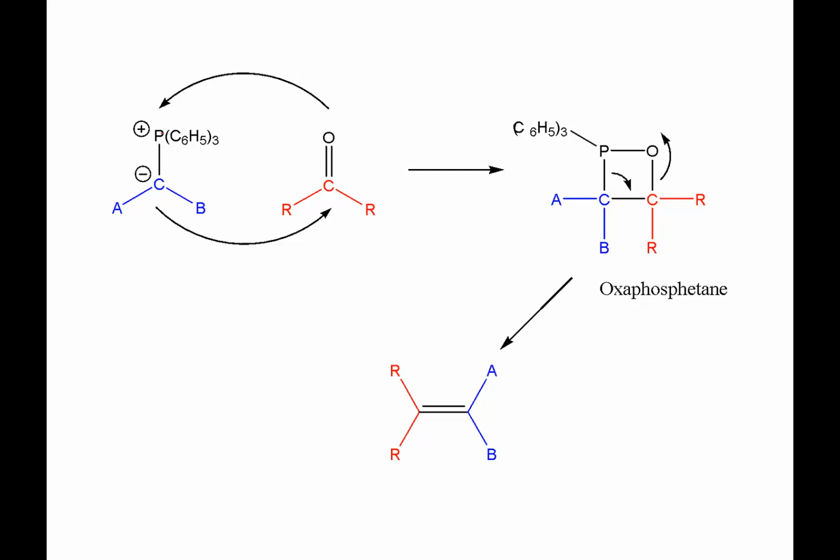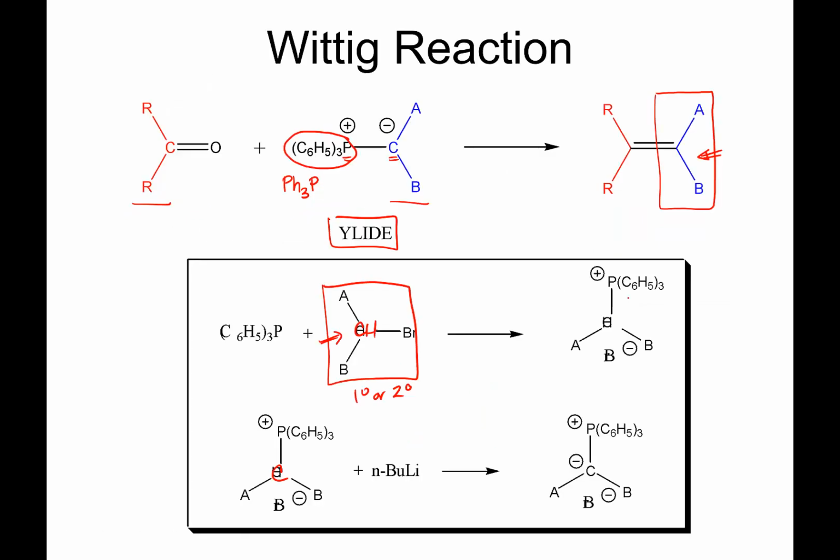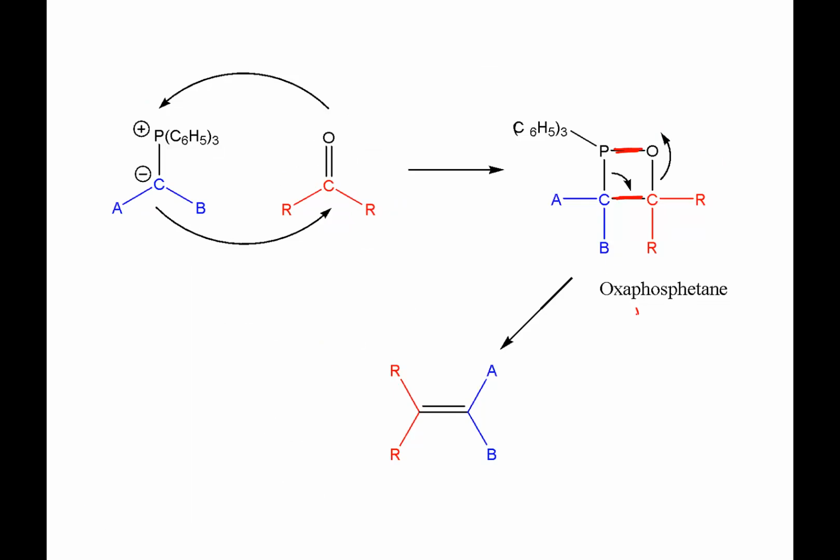So we end up forming this carbon-carbon bond and this phosphorus-oxygen bond. And this is what is called an oxaphosphetane. You don't have to know all these names, but this is what is called an oxaphosphetane. In the older literature, it was called a betaine. So we make this four-membered ring.